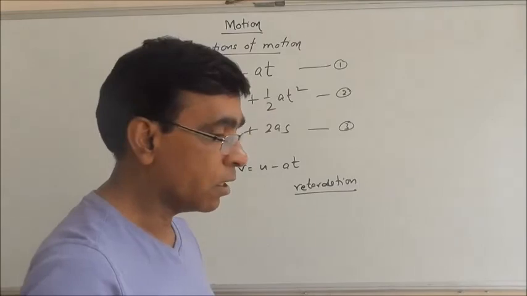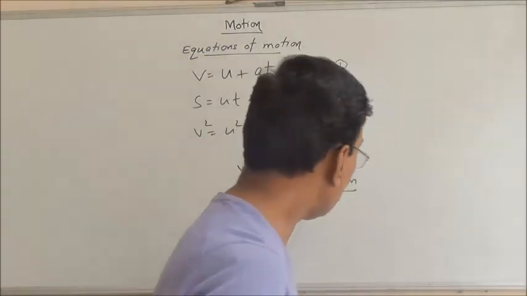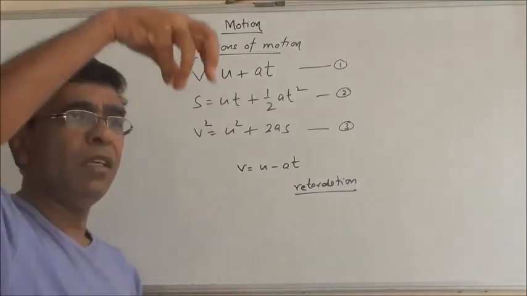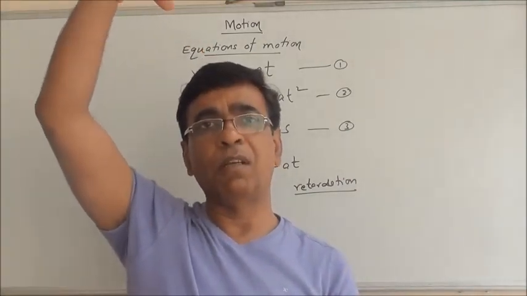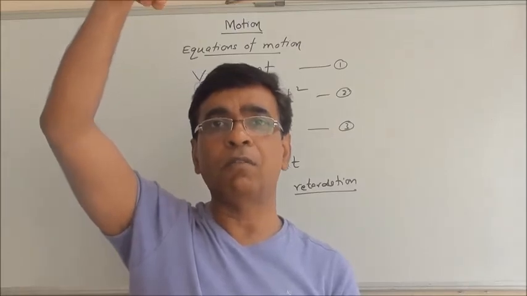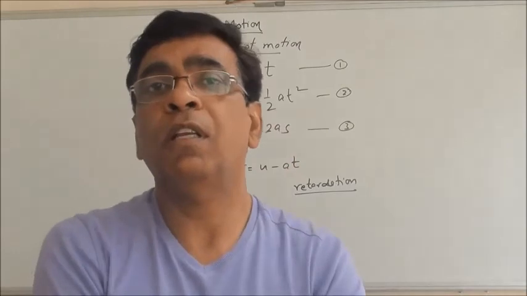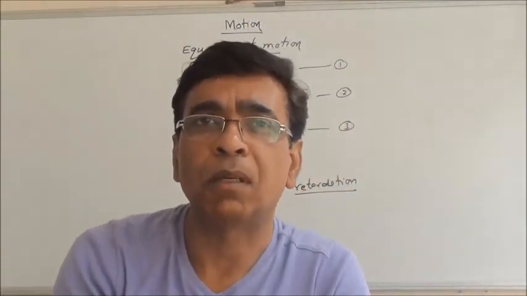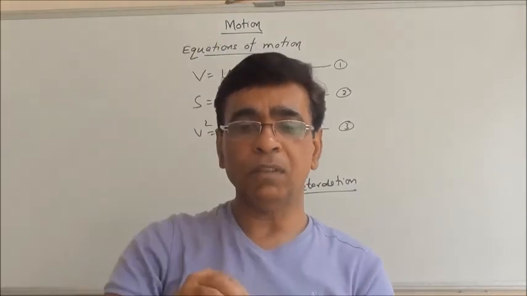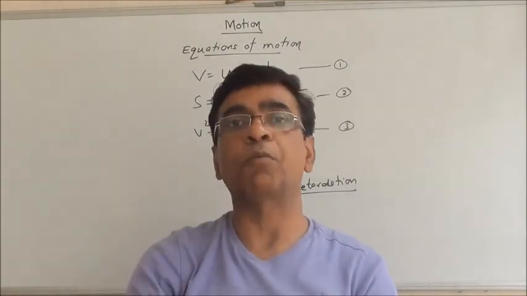Now there are certain terms which you have to keep in mind. Suppose I drop a body from a certain height. Drop means its initial velocity is 0. If I throw a body in the upward direction, at maximum height what becomes 0? Maximum height means it stops momentarily, it changes its direction and then it starts moving down.